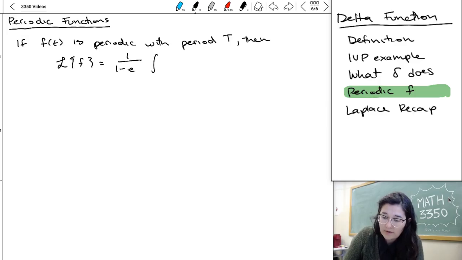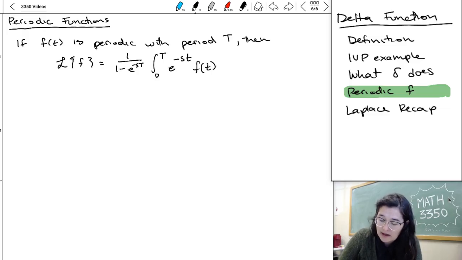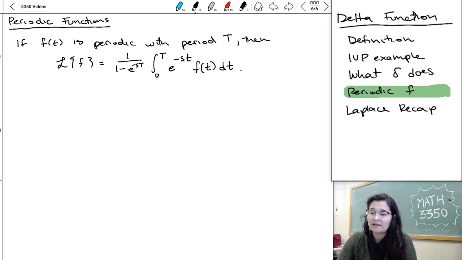It's going to be 1 over 1 minus e to minus s times capital T, that period. And then we evaluate our integral from 0 to capital T, that period. And we look at e to minus s times little t, f of little t, integrated against time. And this is just a formula that we can use to compute Laplace of periodic functions.